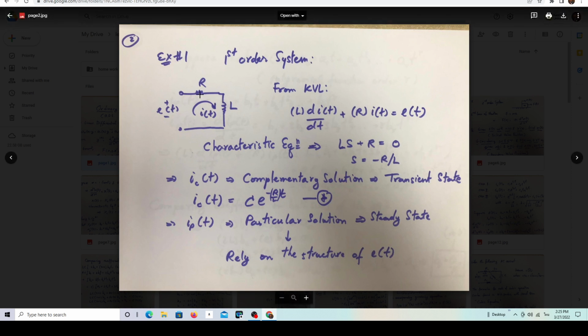The voltage drops on both R and L, with the direction of i, are additive. So L di by dt plus R times i has to be equal to the voltage input across these two poles, E of t.